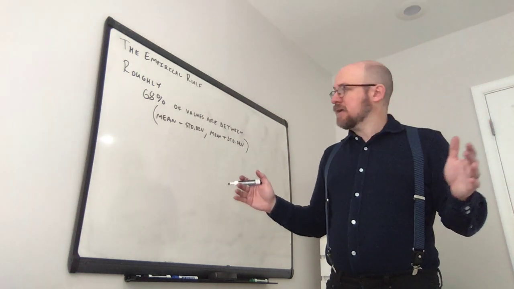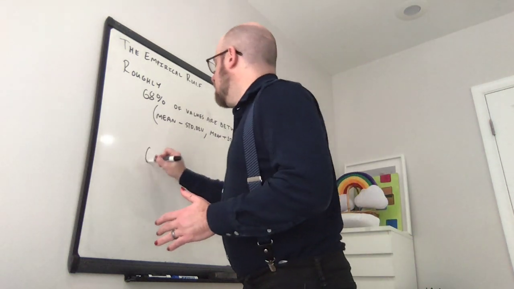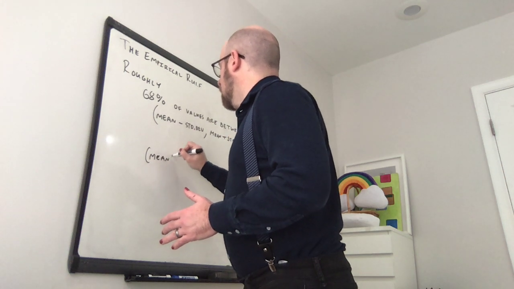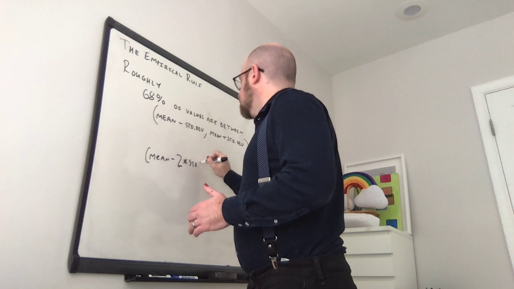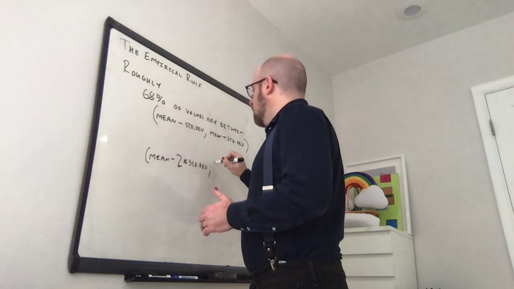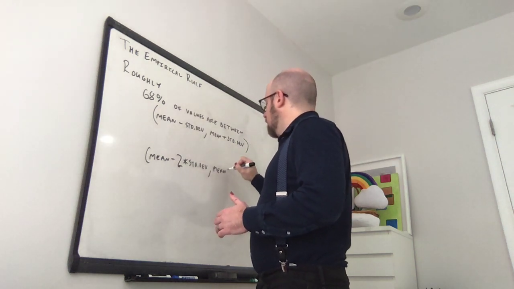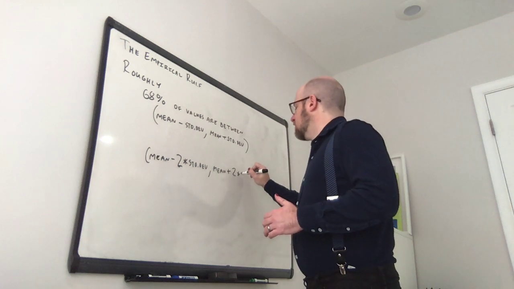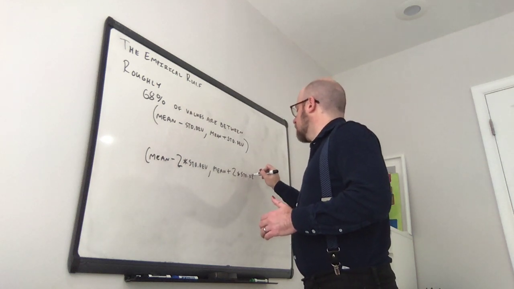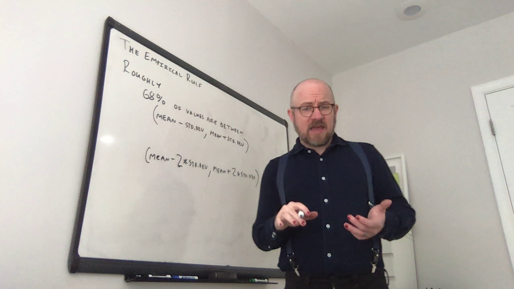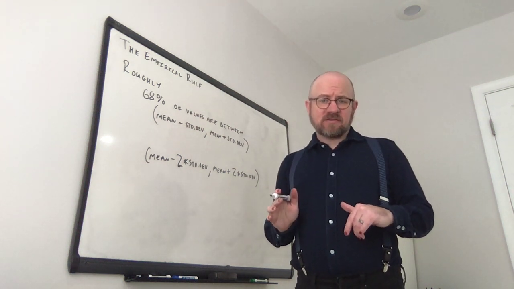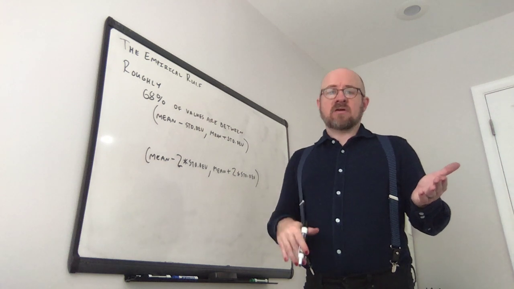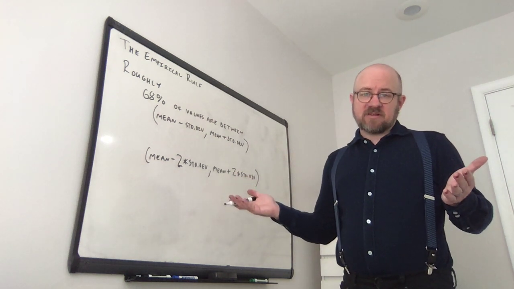If you took the mean minus 2 times the standard deviation and the mean plus 2 times the standard deviation, in the case of our example, we would go from 50,000 minus 2 times 10,000, so 30,000, to 50,000 plus 2 times 10,000.